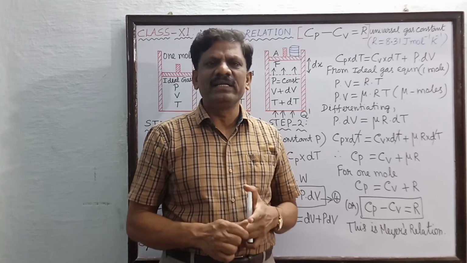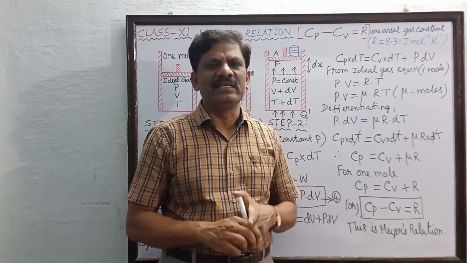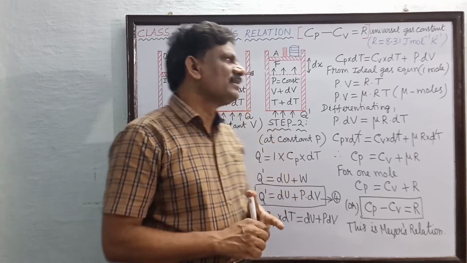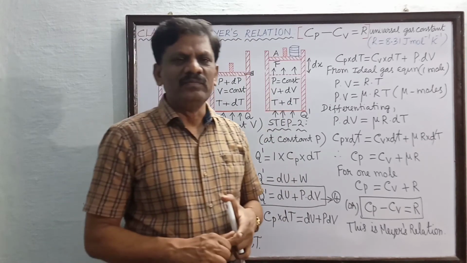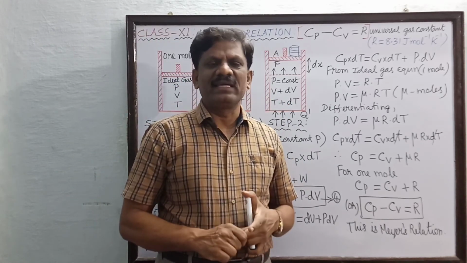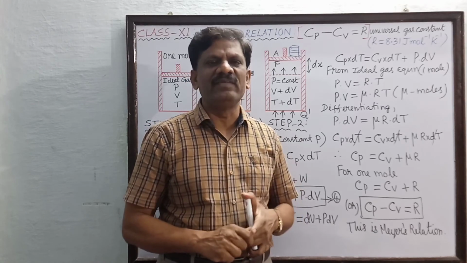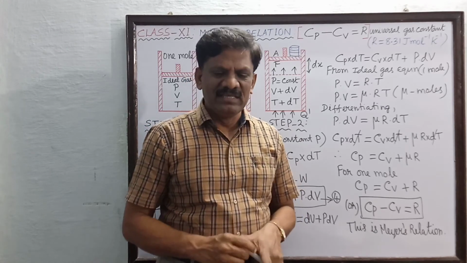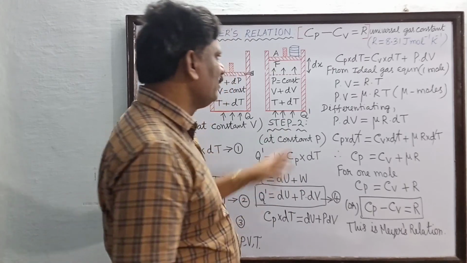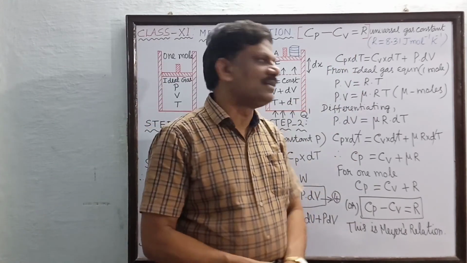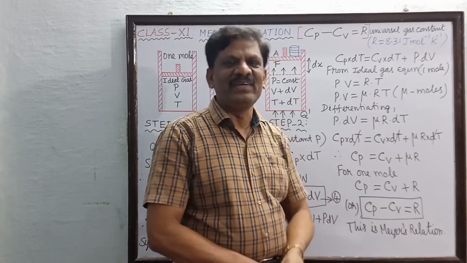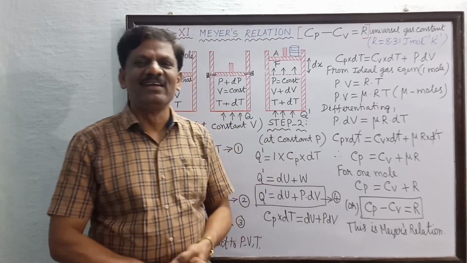In addition to that, the internal energy of the gas also increases. While at constant volume, there is no work done by the gas, only the internal energy of the system increases. This is why Cp is always greater than Cv. And this difference between Cp and Cv is equal to the universal gas constant. This only is called Mayer's relation. I hope you must have understood well. Fine.